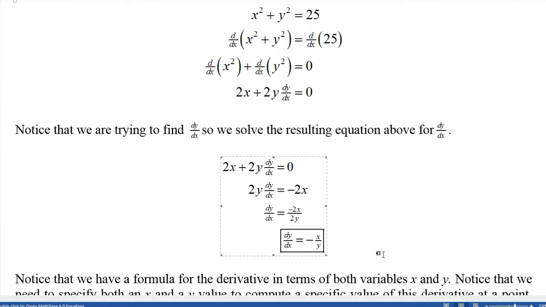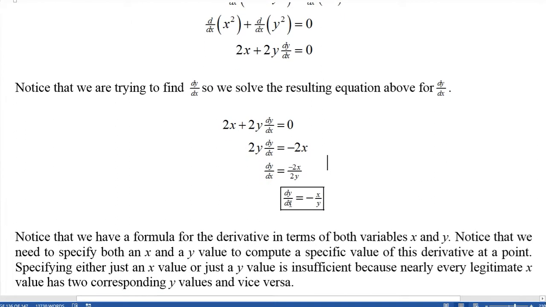Now, we have a derivative formula, but notice it is also an implicit formula. It's a formula that has both x and y in the formula, not just x or not just y. So to use this to compute a slope on a curve, at a point on the curve, we need to know both the x and the y coordinates of that point.